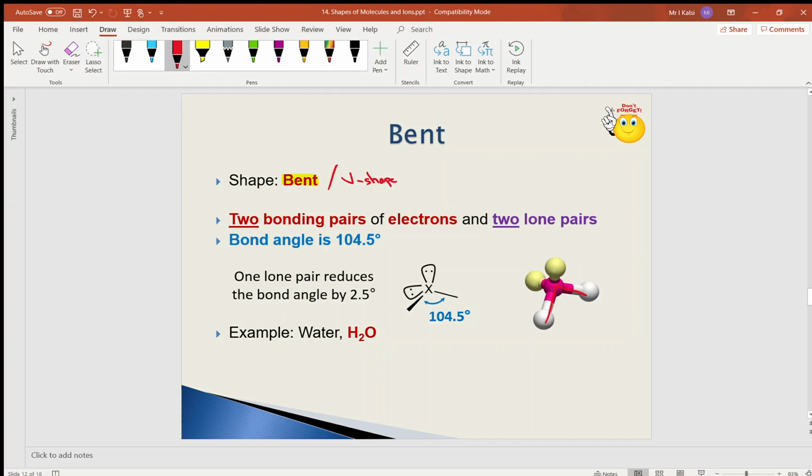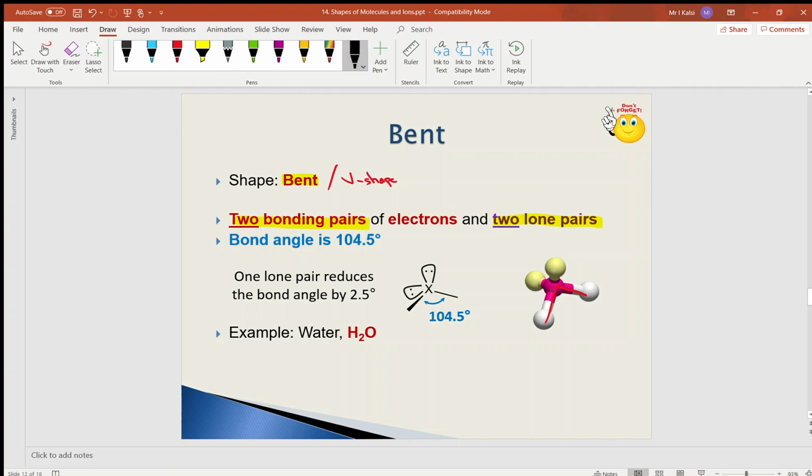If you have 2 bonding pairs of electrons and 2 lone pairs, you'll get this shape in the middle, where all I've done is taken the tetrahedral shape, the one with the 4 single covalent bonds around it, and replaced 2 of the straight lines, like you saw me doing earlier on, with just 2 lone pairs. So it's 104.5 degrees. But we tend not to draw a 3D shape for this.